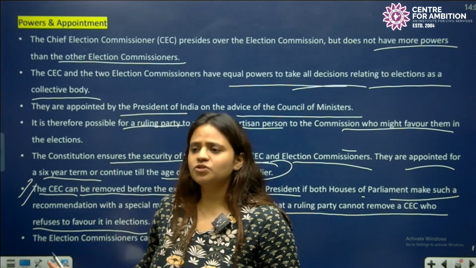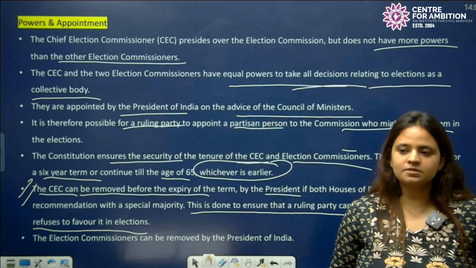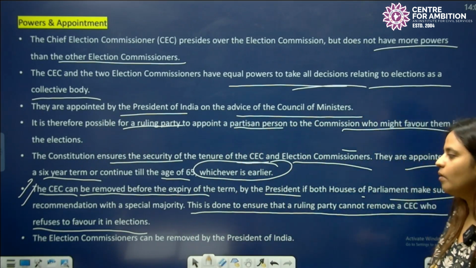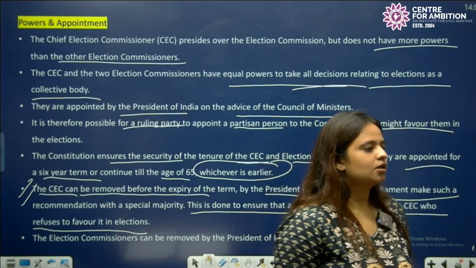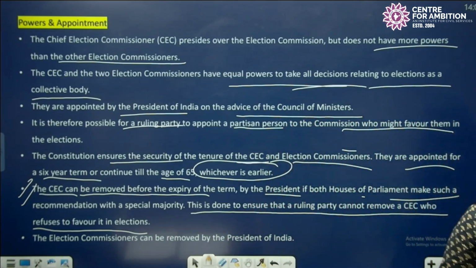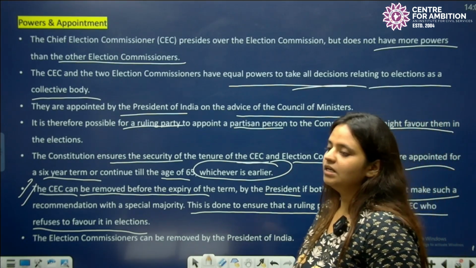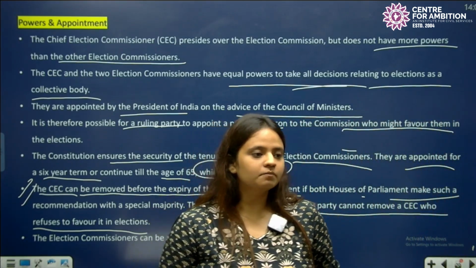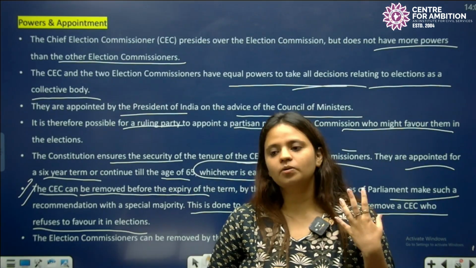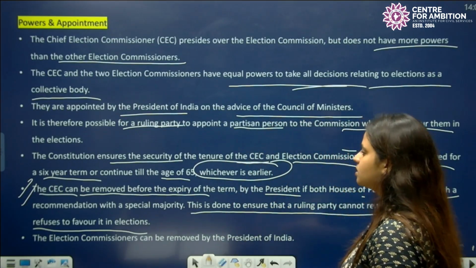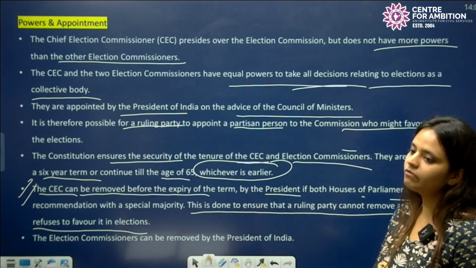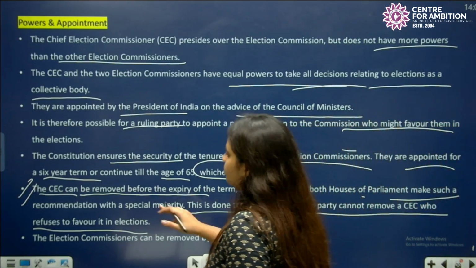So the procedure of removal of the CEC is made that hard. Why? Because if the CEC refuses to do something in favor of the ruling party, then it is very difficult for the ruling party to remove him. So security of tenure is given to the chief election commissioner in case of removal.